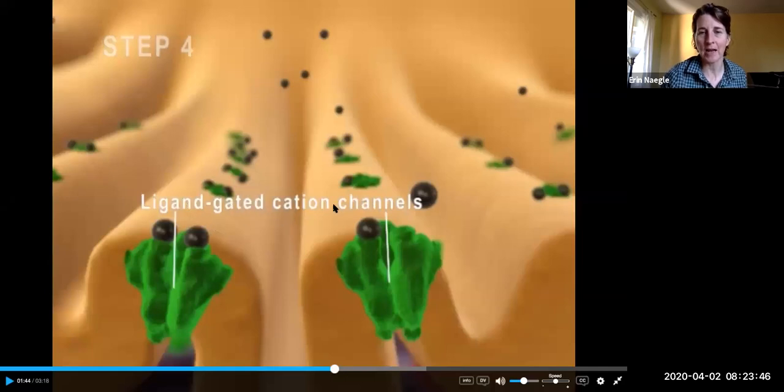If it's a cation channel, that means it must let through cations, which are positively charged ions, because petting a cat is a positive experience. And that's where we're at. So we are about to see the change in the membrane potential of the muscle due to the neurotransmitter acetylcholine binding to these ligand-gated cation channels.